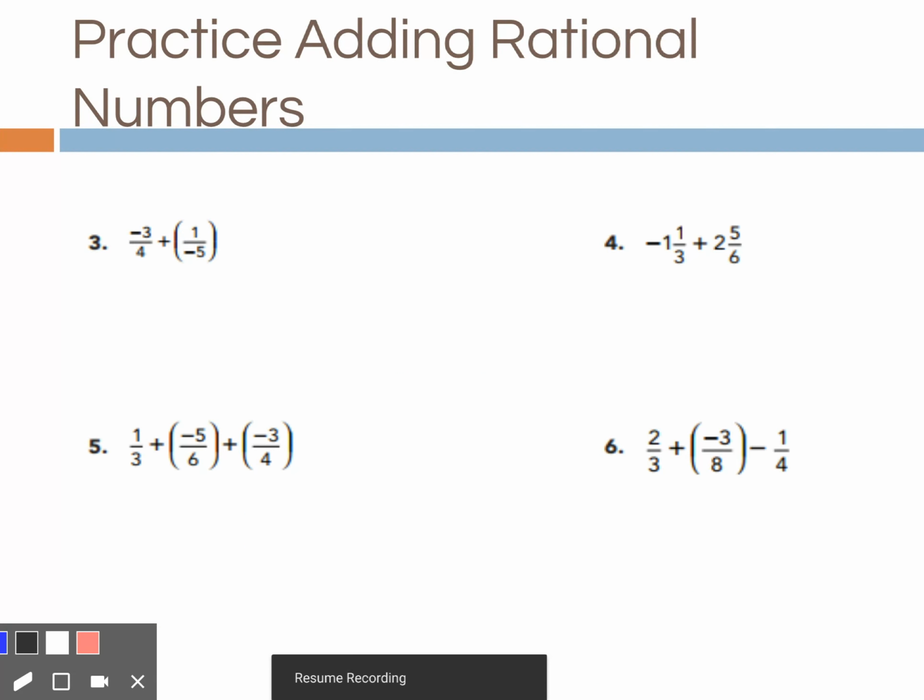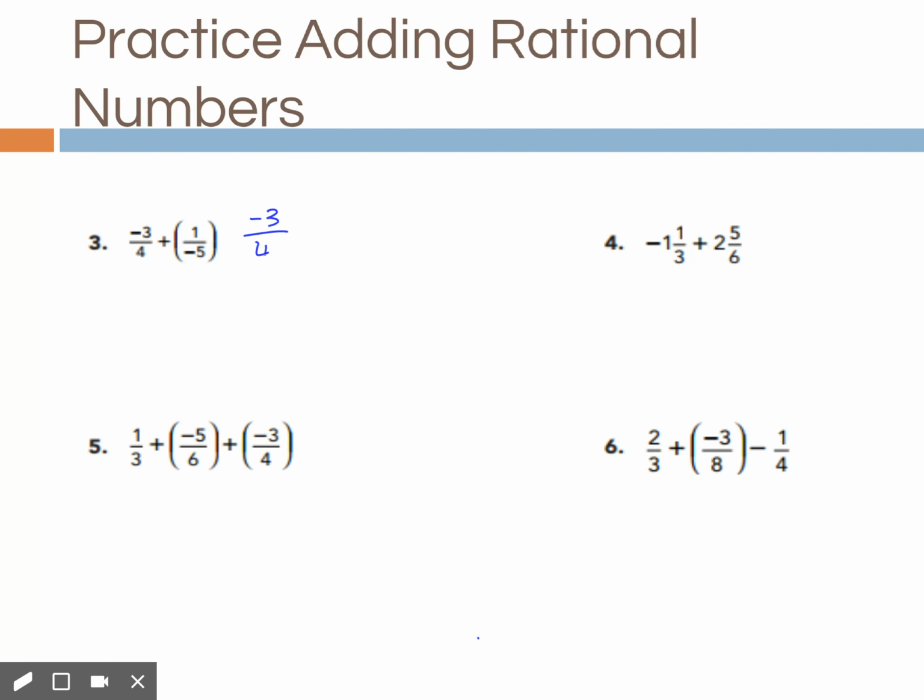Okay, let's do some more practice. In number 3, there's negative 3/4 plus a negative 1/5. So again, my first step is to make common denominators. So I know the least common multiple of 4 and 5 is going to be 20. So negative 3/4 equals what over 20? I'm multiplying by 5, so that's negative 15 twentieths.